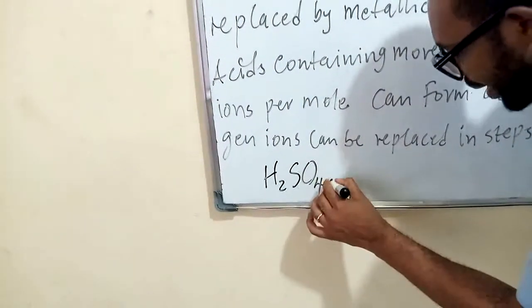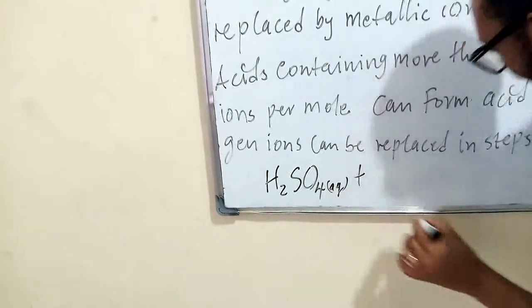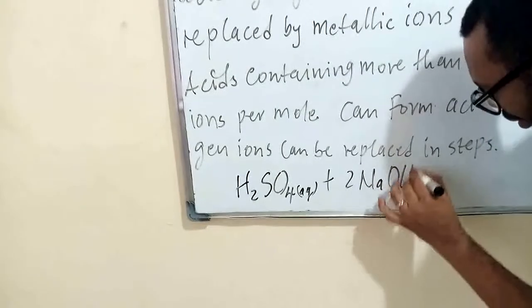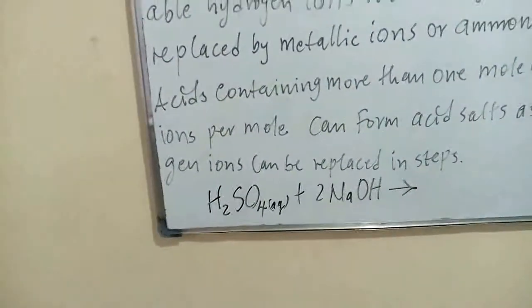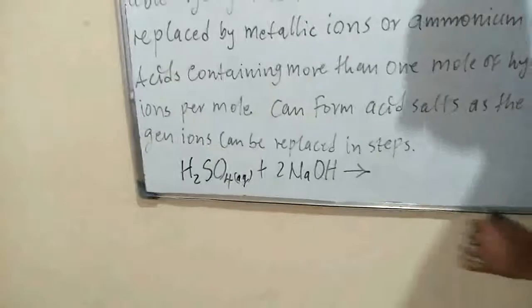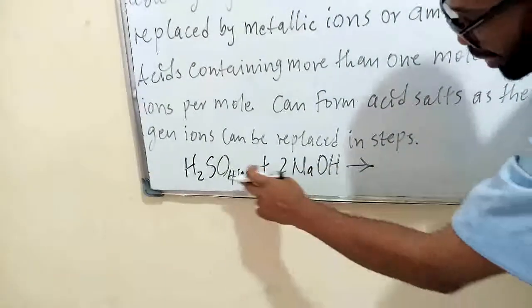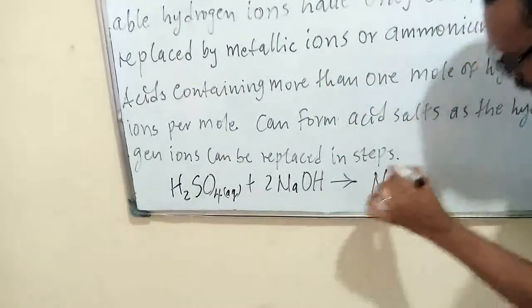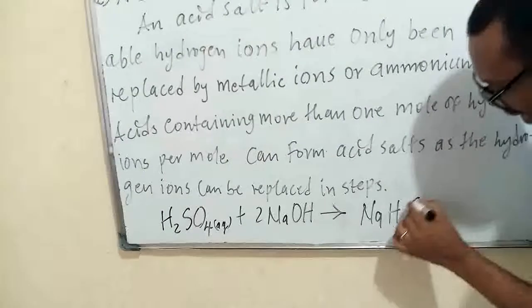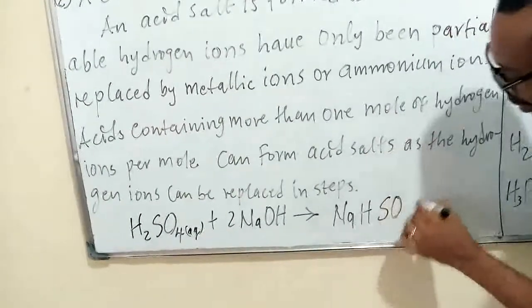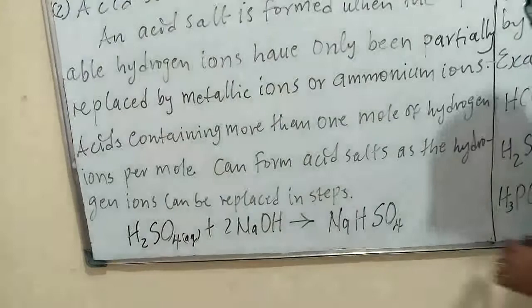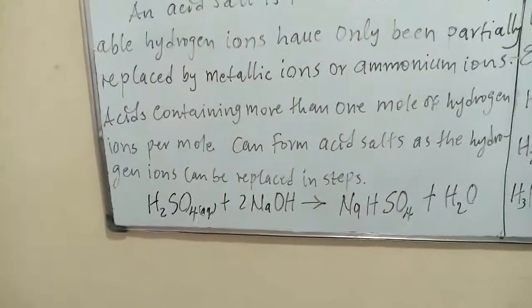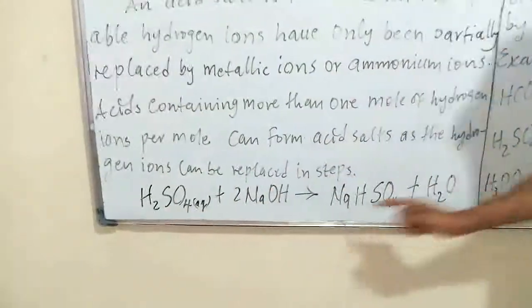Because it contains more than 1 hydrogen ion, if it reacts with sodium hydroxide, NaOH, the salt that will be formed will be an acidic salt, in the sense that you have NaHSO4, plus H2O. You see, the hydrogen ion has not been completely replaced.